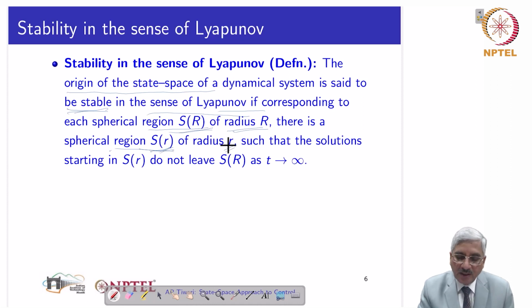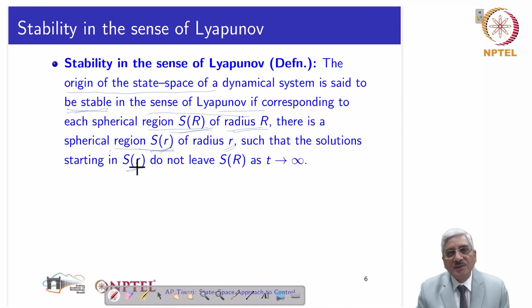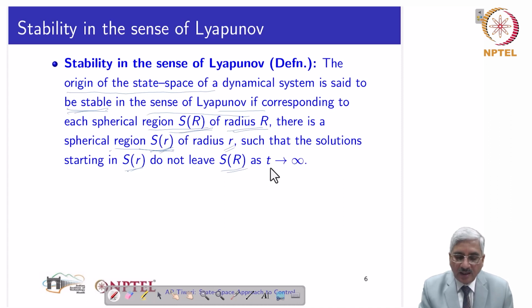So if we have some initial condition x0 in S(r), the sphere of smaller radius r, and the solution starting from that x0 does not go outside S(R), the spherical region of radius capital R, as t tends to infinity, then the origin of the state space of the dynamical system will be called stable.